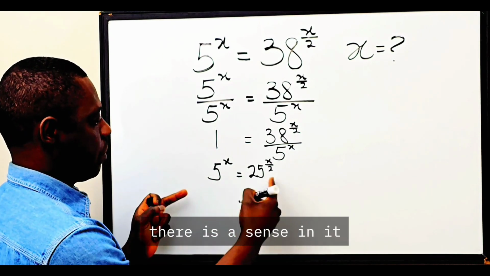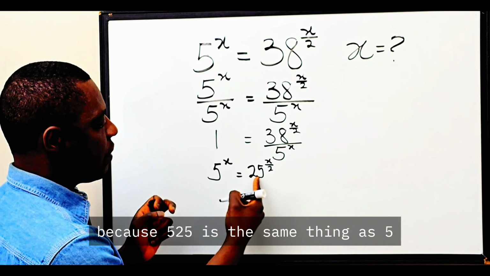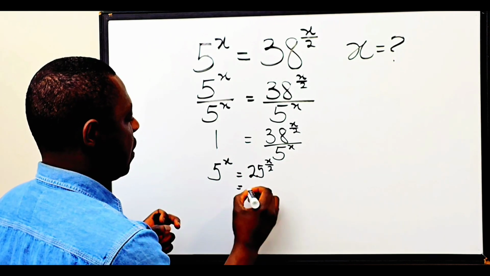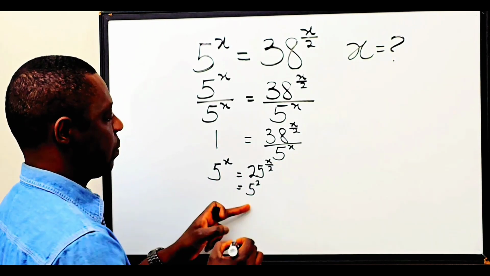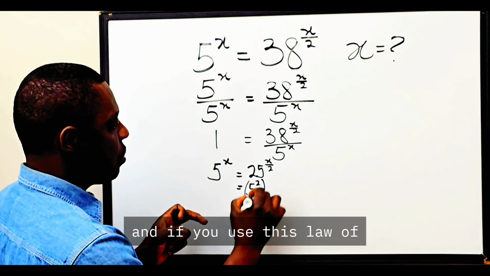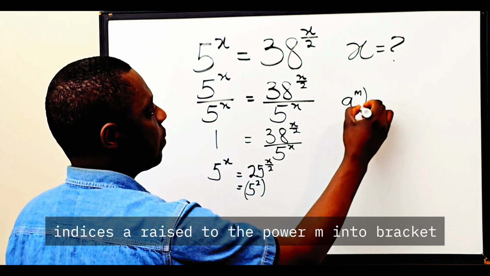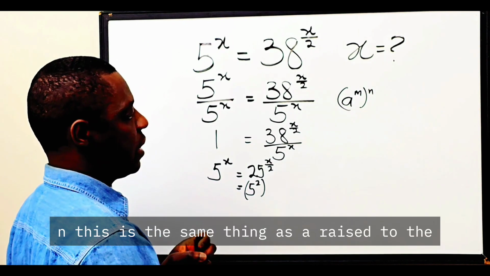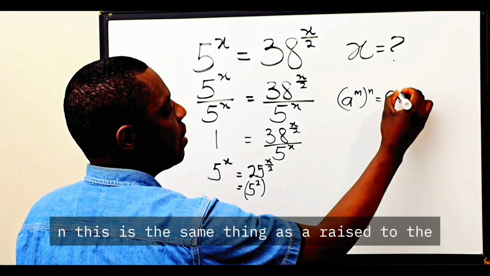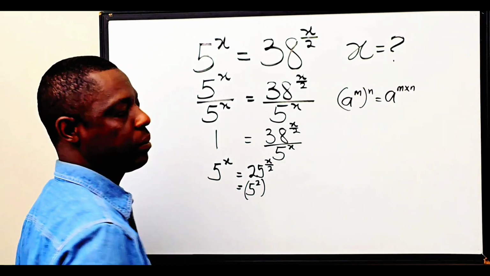There is a sense in it, because 25 is the same thing as 5 raised to the power 2. And if you use this law of indices, a raised to the power m into bracket n, this is the same thing as a raised to the power m times n.